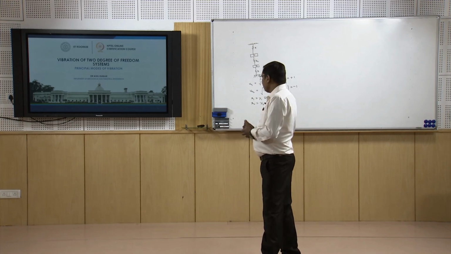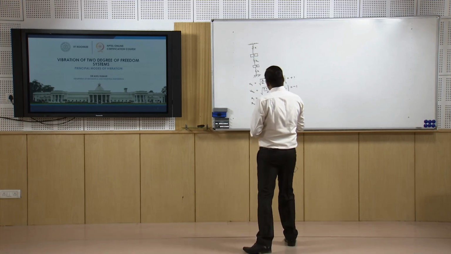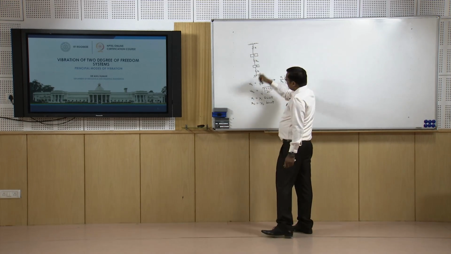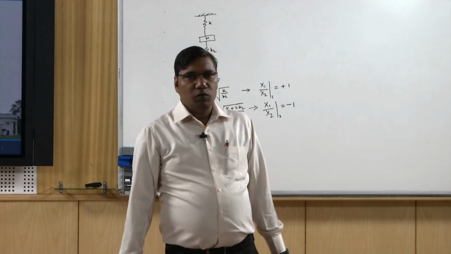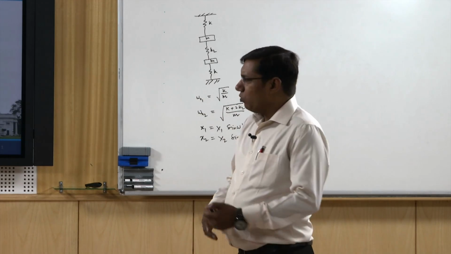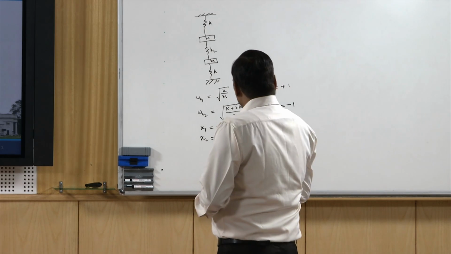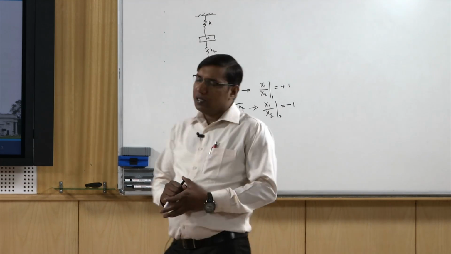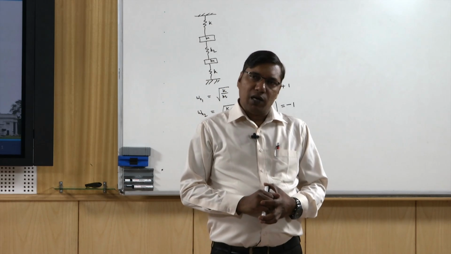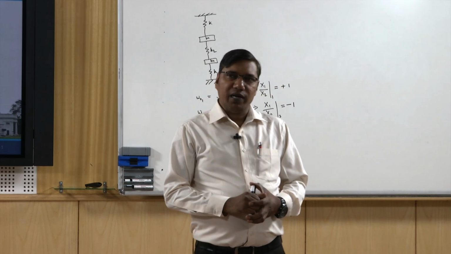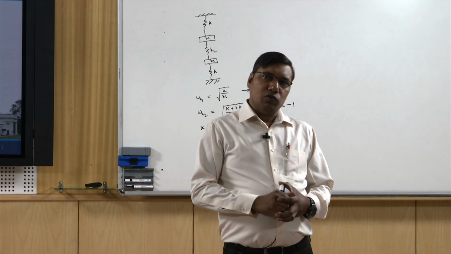If the system is vibrating with first natural frequency omega n1 equal to root k by m, both masses are vibrating with omega n1, and when the system is vibrating with the second natural frequency omega n2, both masses are vibrating with omega n2, that is root k plus 2 k2 by m.